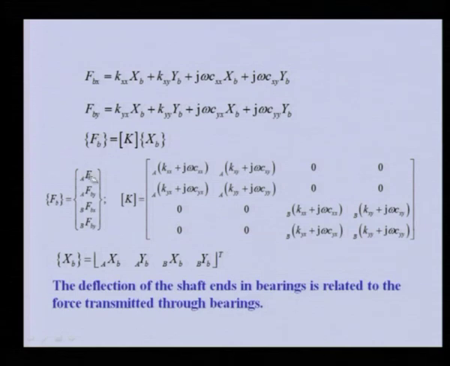So this is the assembly of the 4 bearing forces at bearing A, the left side, and bearing B, the right side, and correspondingly the Xb, because we have 2 bearings, so x and y direction displacements of the bearings, are on the right hand side.